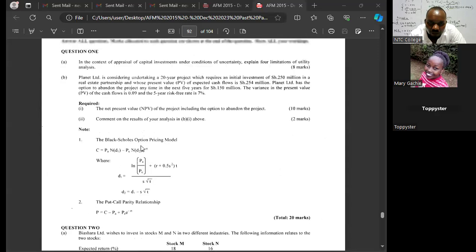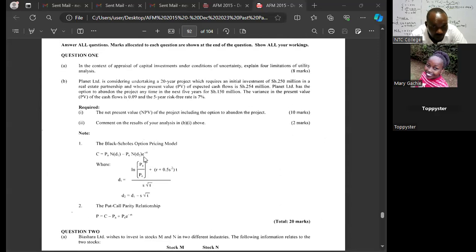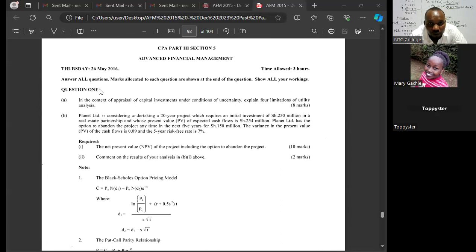This one now. Question 1, May 2016. So the question says that Planet is considering undertaking a 20-year project which requires an initial investment of 250 million in a real estate partnership and whose present value of expected cash flows is this one.